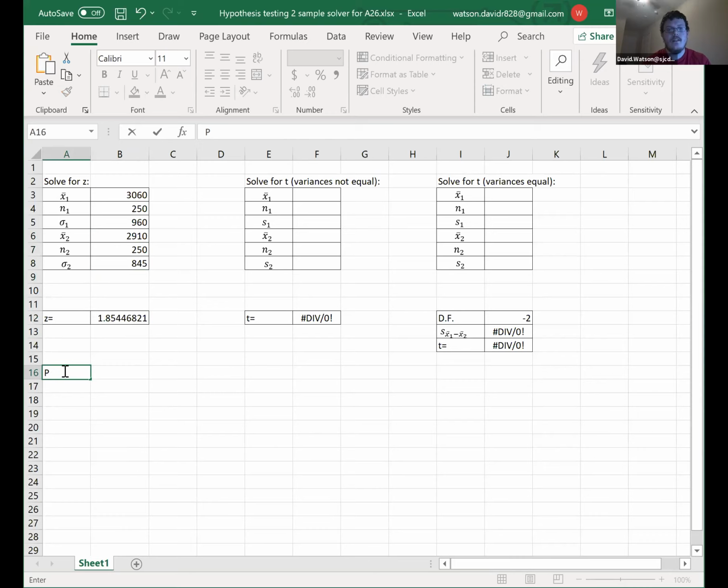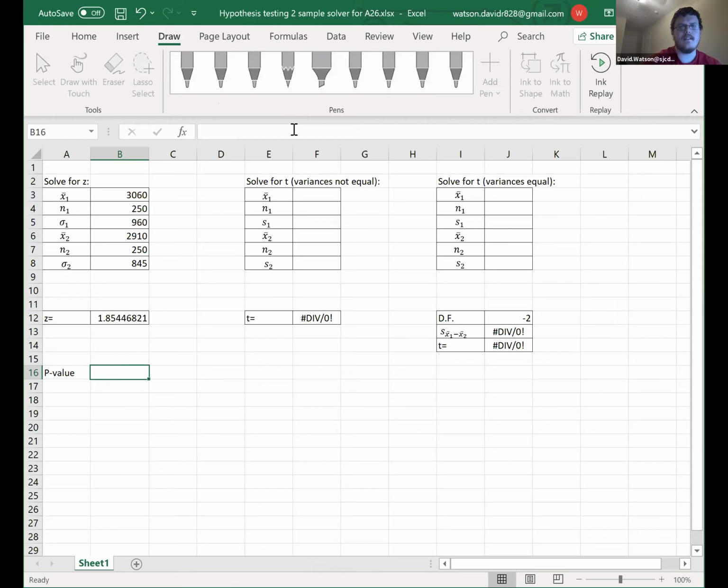All right. So that's the new part. Once we get our Z though, to find our p-value, it's going to be the exact same thing. This was a two-tailed test, and we have the Z that's on the right.